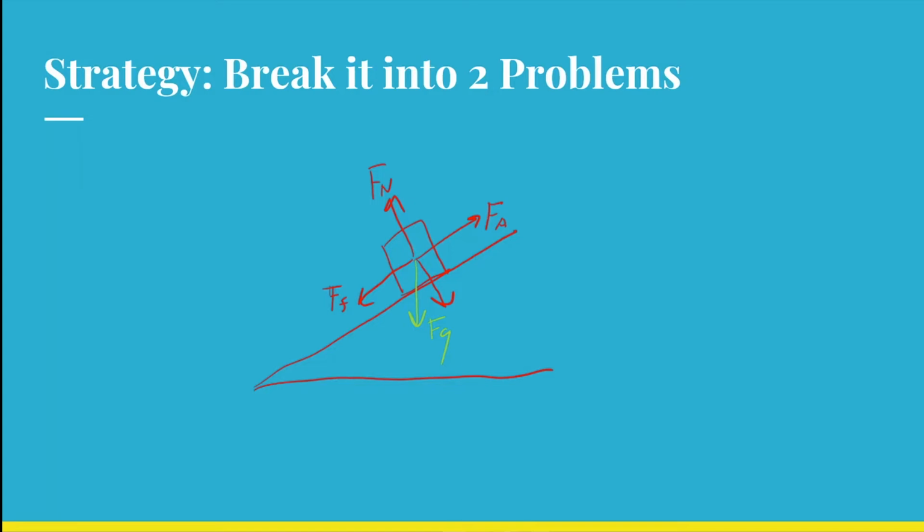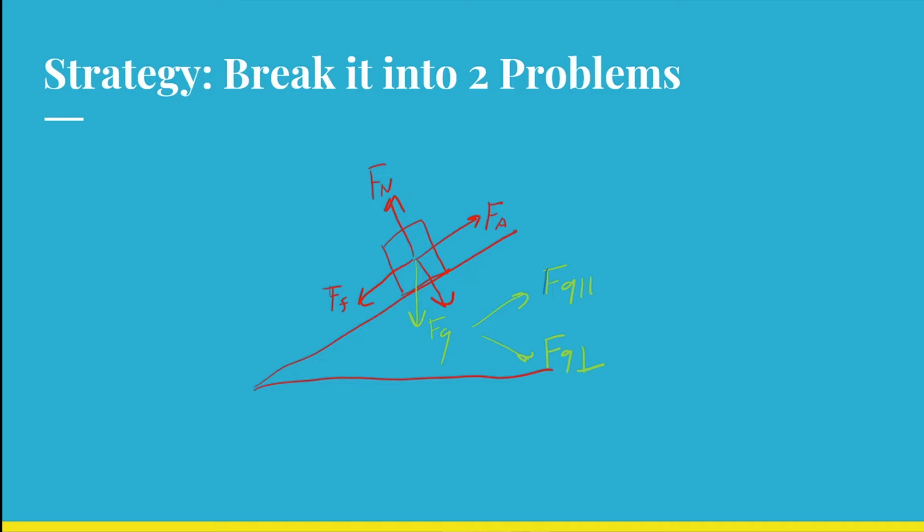So in order to get it into our coordinate system with our force normal, our force applied, and our force friction, we have to take the force of gravity and split it into two different portions. We'll have our force of gravity in the parallel direction, and we'll have our force of gravity in the perpendicular direction. Why don't I draw those in different colors just so it's even more clear?